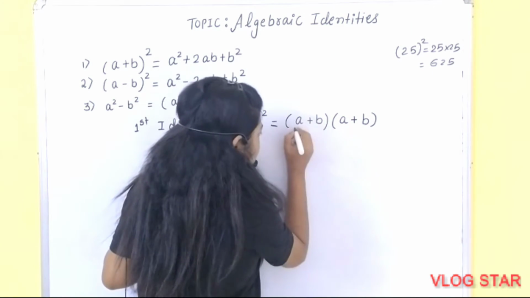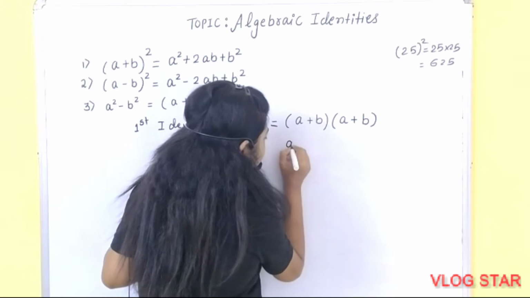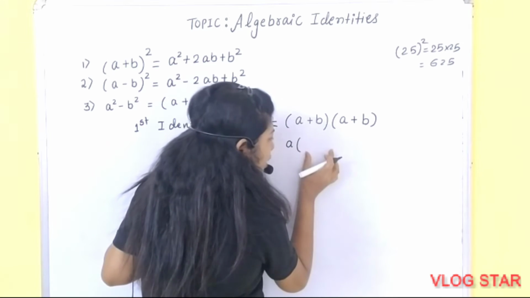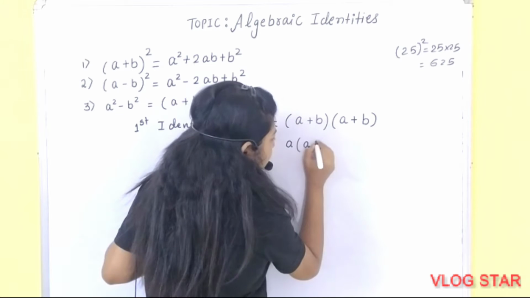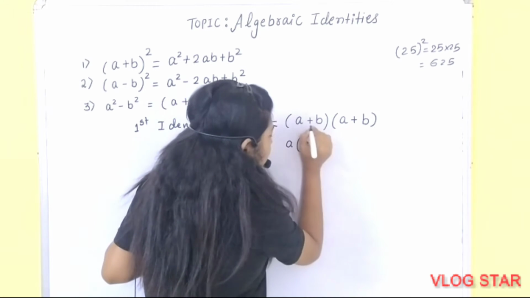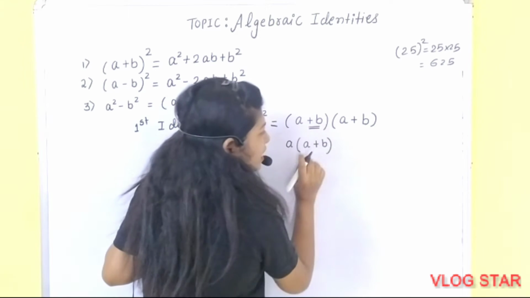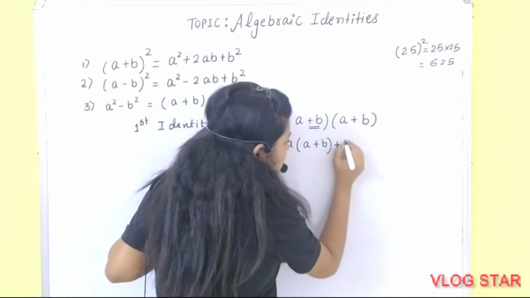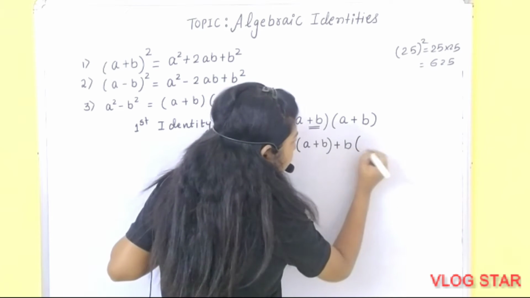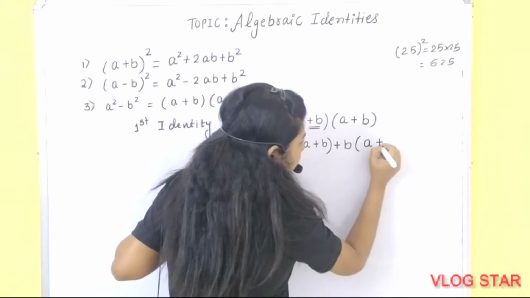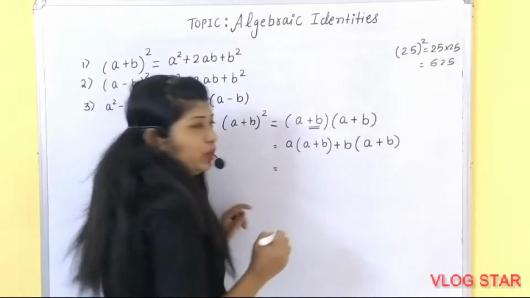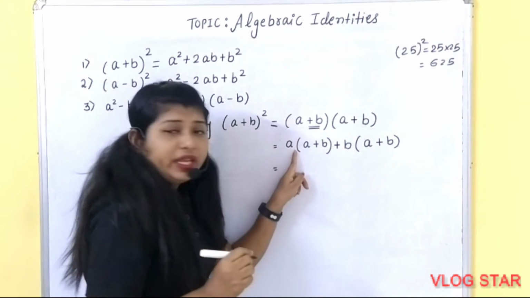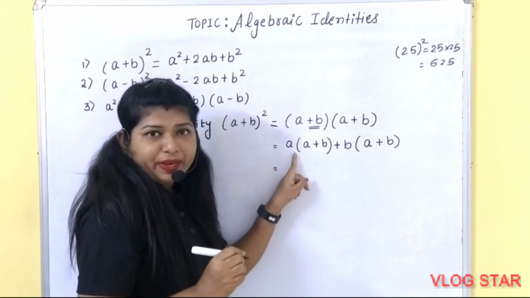Simply you need to multiply the first term from the first bracket into the second bracket, a into (a + b). Then what is left out? You need to consider plus b into the second bracket. As you know, the sign over here is multiplication.